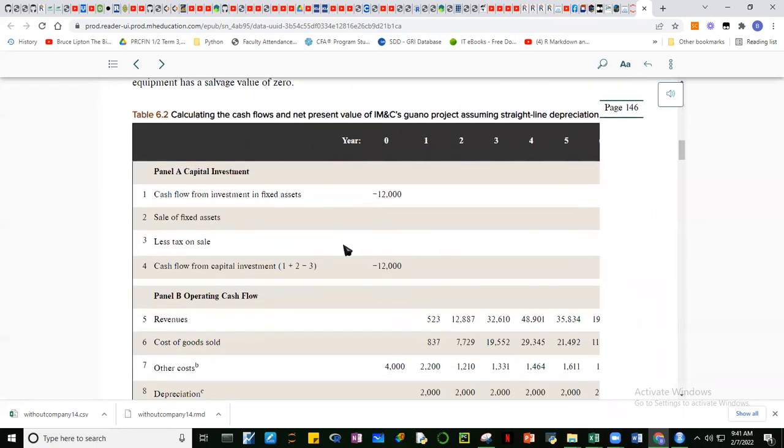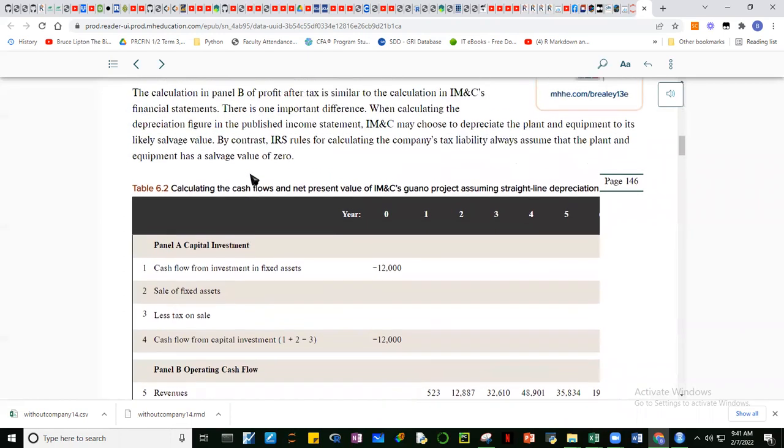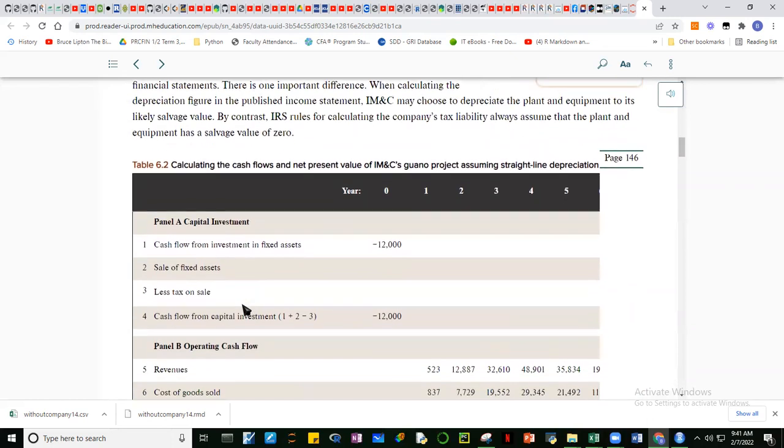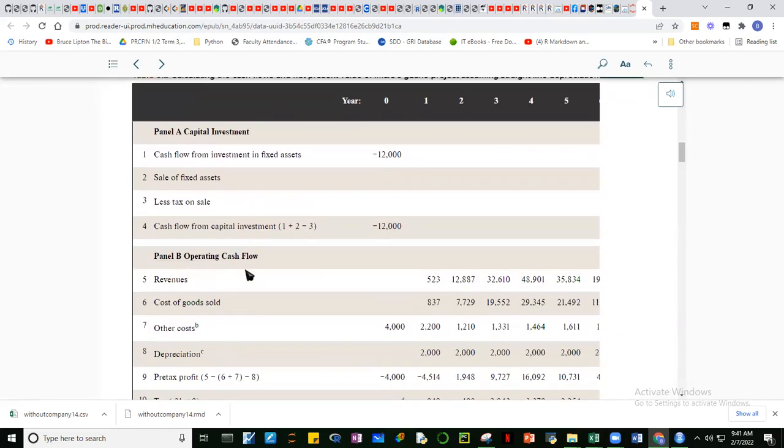So there's an example here. This is an investment, IMC's Guano project. So what are the cash flows involved? Part A is capital investment. First is investment in fixed assets.